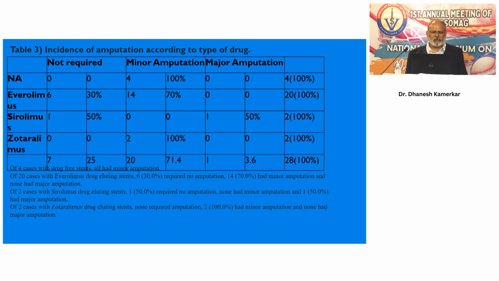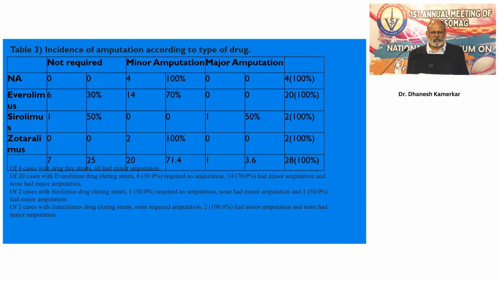Now, this is the incidence of amputations according to type of drugs. 4 patients did not have any drugs, and out of those, 4 had minor amputations, no major amputations. The ones who had everolimus, 6 patients did not require any amputations, 14 had minor amputations, none had a major amputation.